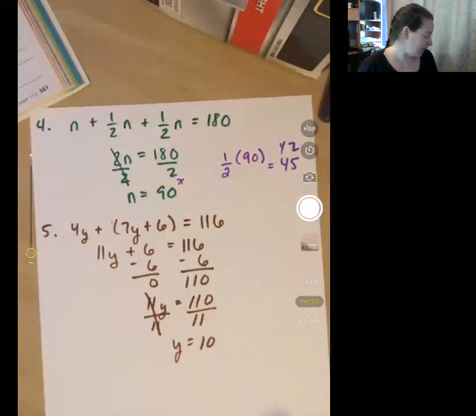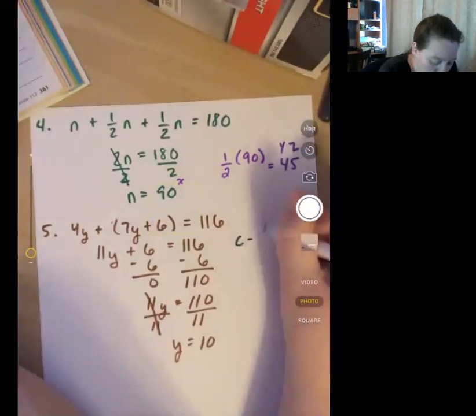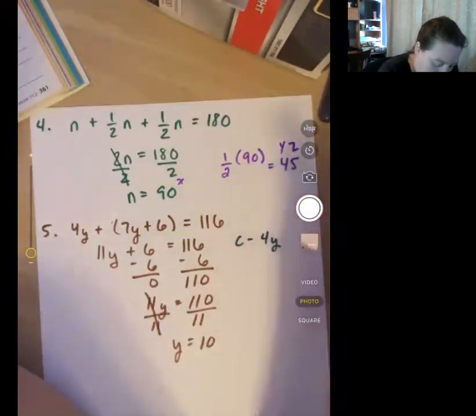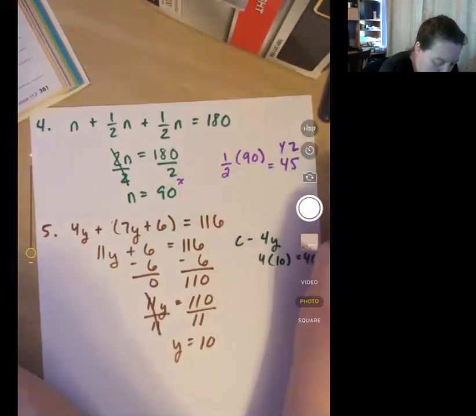This does not help me currently. Okay. So let's figure out how to do each of these angles. The angle for letter C is 4y. I'm going to plug in the 10, 4 times 10, so it is 40.